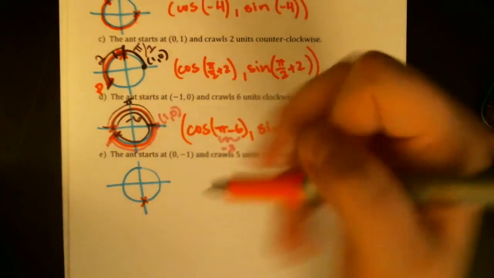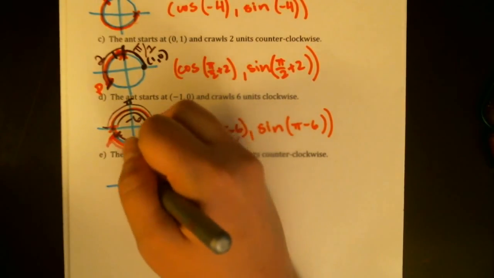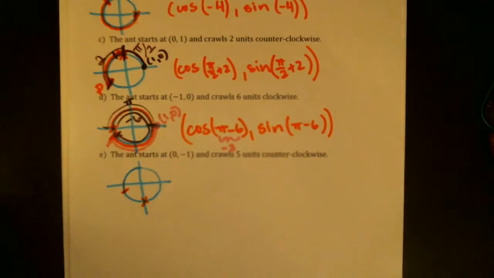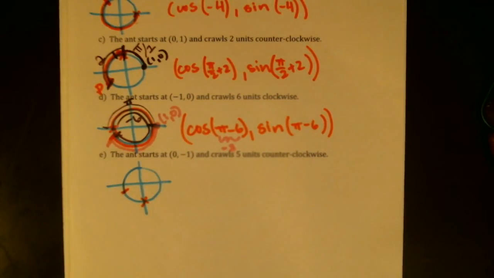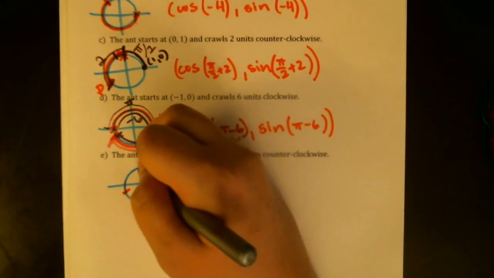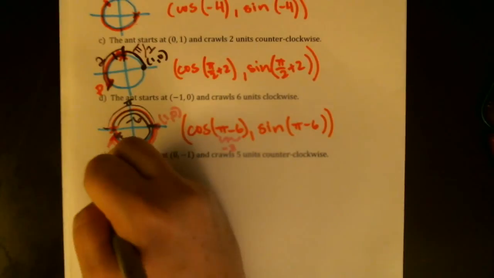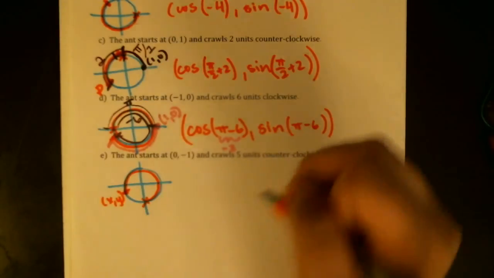So it's just a little further than that. So we start at the bottom, we go a little bit more than 3/4 of the way around, and we're going to land somewhere in quadrant 3. So this was the ant's path. And we want to figure out what to tell sine and cosine in order to get the x and y coordinates of this final point.